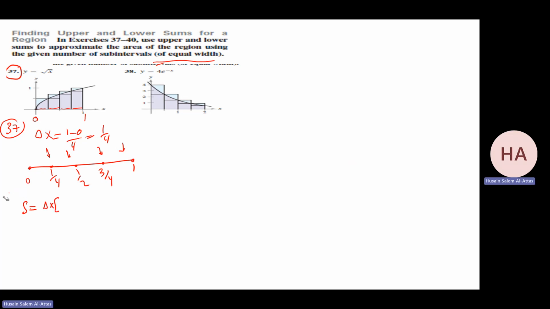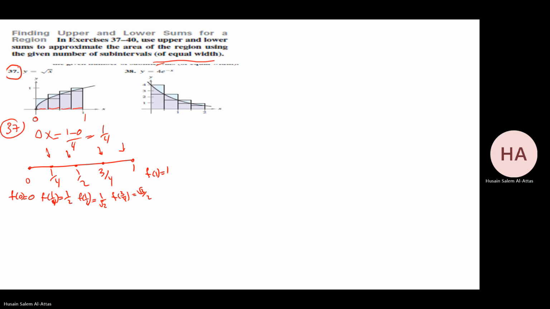If you want, I can do something like this to make it clear. At 1 over 4, that will be half. Square root of x: f of half will be 1 over square root of 2. This is f of 3 over 4, square root 3 over 2. F of 1 will be 1.